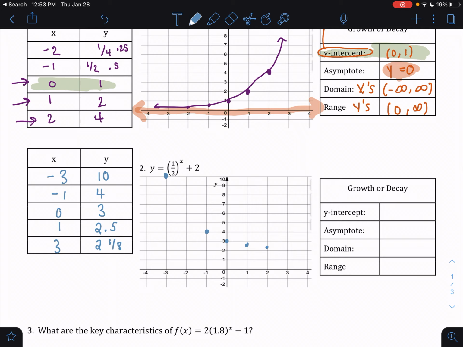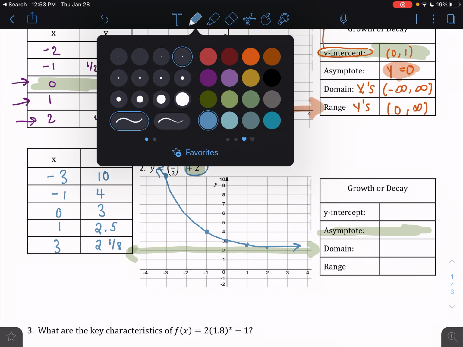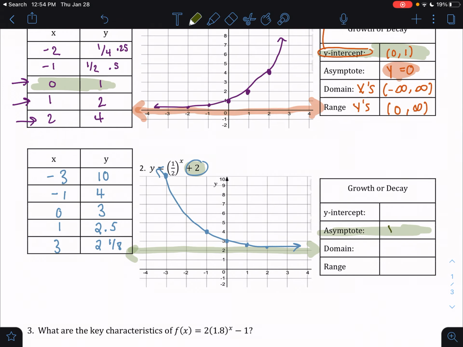It seems like it's approaching 2, right? And that would be correct because that is our asymptote. So I'm going to draw this, but not touch that line there. So our asymptote, remember, comes from that 2, and that's going to be right here. So our asymptote will be y equals 2.